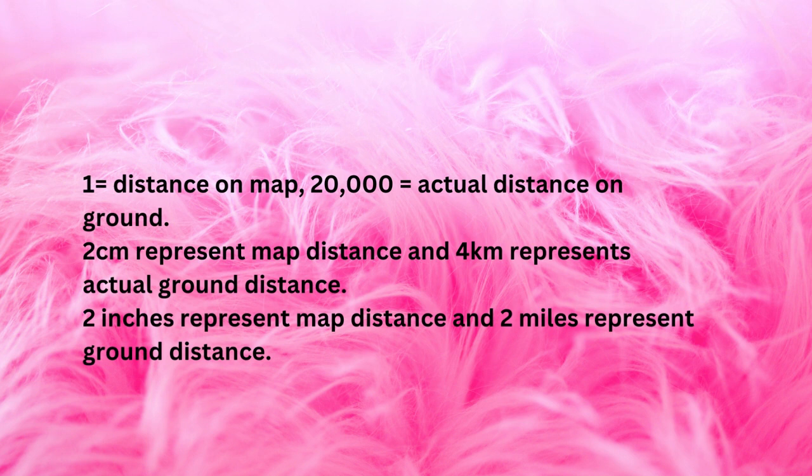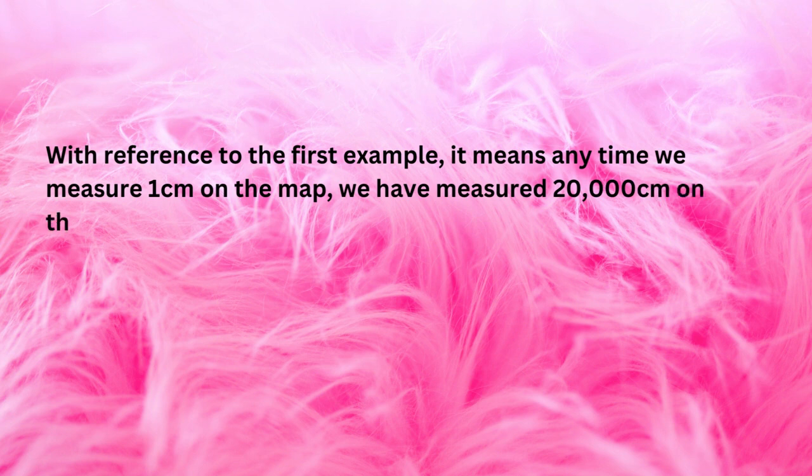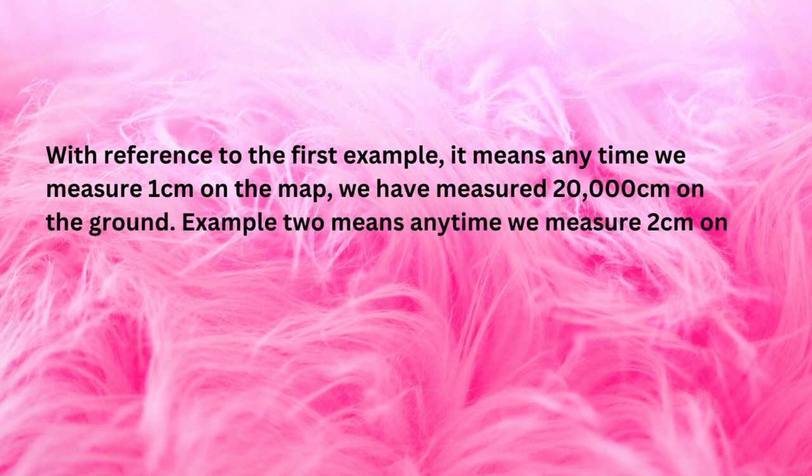The same thing for 2 inches to 2 miles. The 2 inches represent map distance and 2 miles represent ground distance. With reference to the first example, it means anytime we measure 1 centimeter on the map, we have measured 20,000 centimeters on the ground.